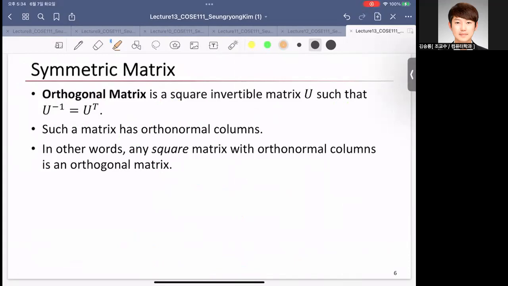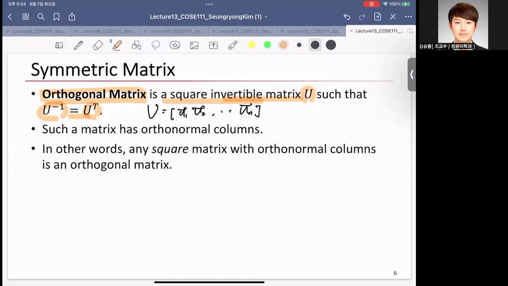One more thing is the orthogonal matrix. What is an orthogonal matrix? We already talked about this in lecture 11. An orthogonal matrix is a square invertible matrix U such that U inverse equals U transpose. For example, such a matrix consists of the column vectors U1, U2, up to UN.